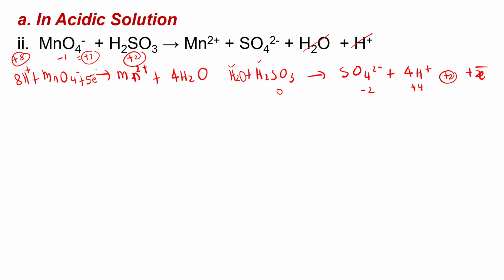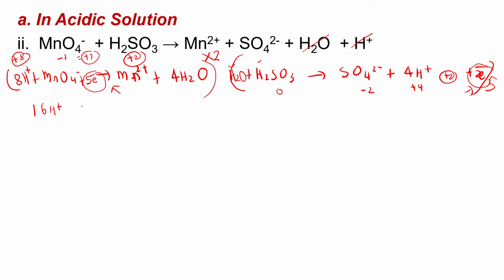So to total up these two half equations, this one we have 5 electrons, this one we have 2 electrons. So the first half equation we times by 2, and this one we times by 5, to cancel out the electrons, so the electrons will become 10 electrons. Okay, 8 times 2, 16H+.